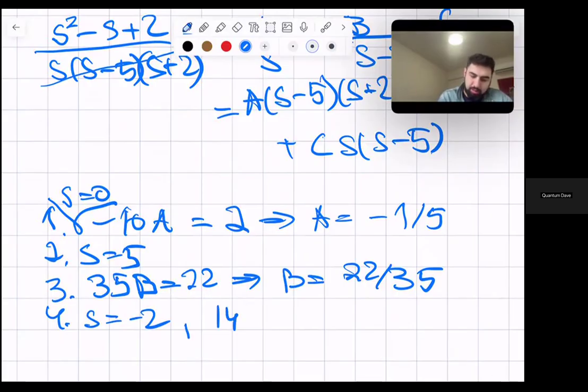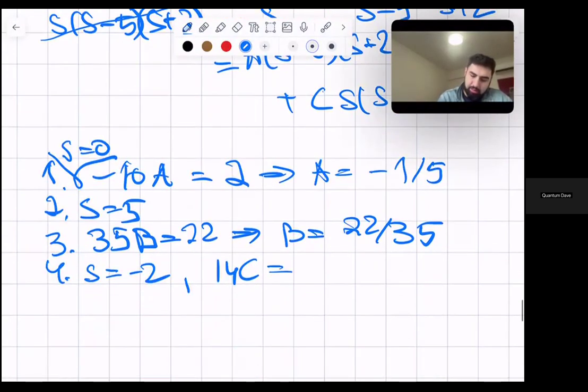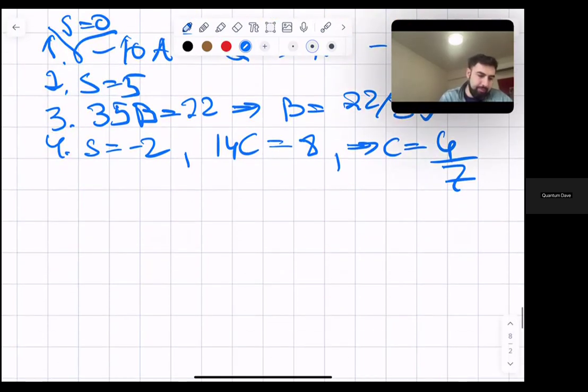So we get minus 14C equals, so minus 2, I substitute here, 4 plus 8, so I get 8, and then it follows that C equals 4 over 7. Okay.